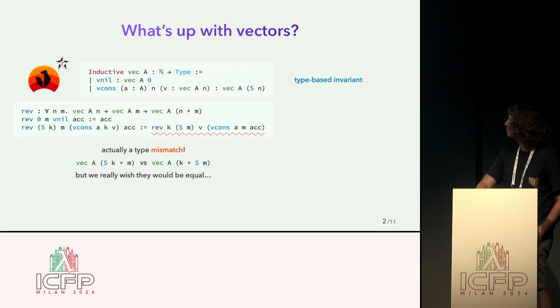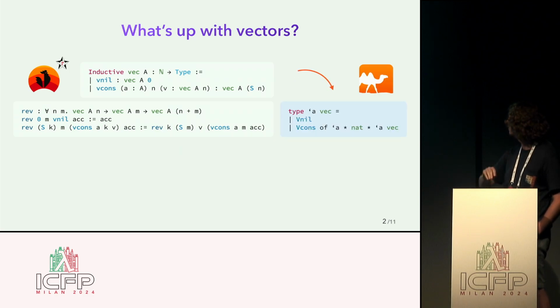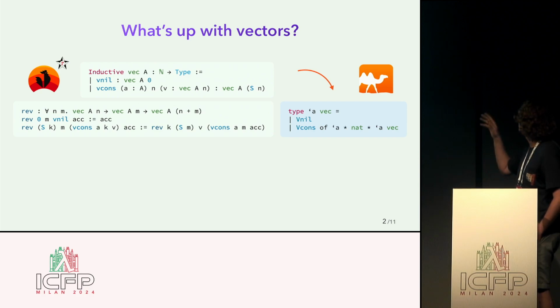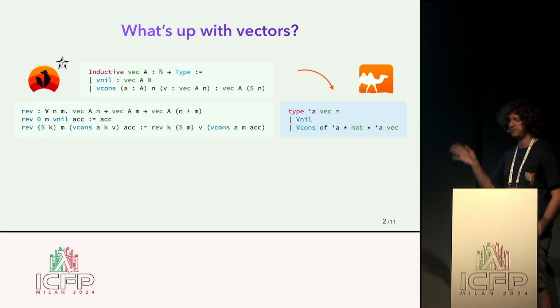So for now, I'm just going to add some kind of star to assume that it actually works. And then when I erase, if I want to extract this program, or let's say for instance just vectors to start with, in OCaml, then I get something that's almost like lists, except that there is this natural number inside here, which I don't care about. And if natural numbers are unary, then you get some kind of quadratic blow up for just no reason.